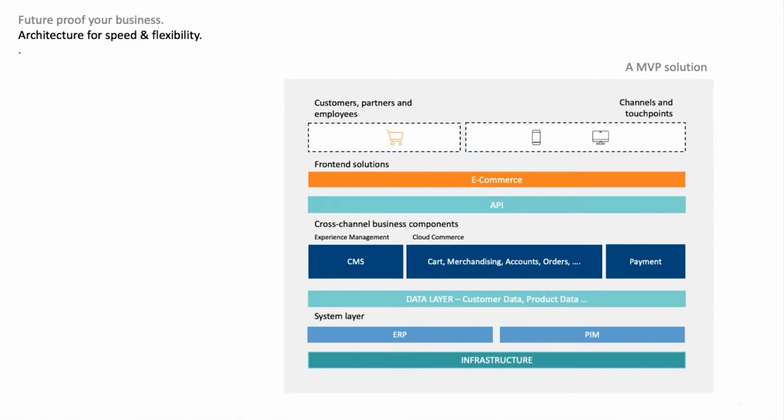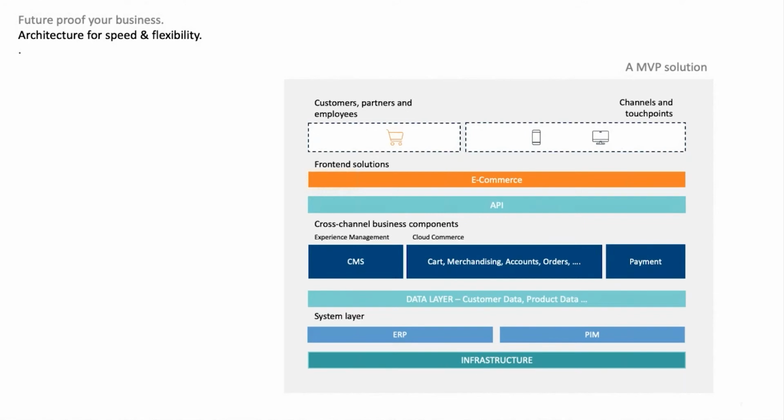So a first generation or a new version of a commerce solution is probably an MVP where you start small, targeting a specific customer group, specific customer journey, specific devices, starting with delivering the business capabilities that deliver most value with the least effort.